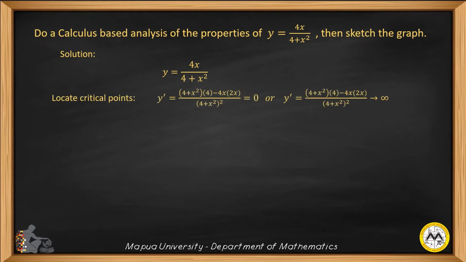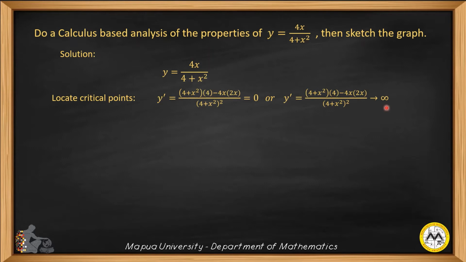Okay, so we start with locating the critical points at which y prime, which is given by this expression, is equal to 0, or x values for which y prime would have an undefined value.